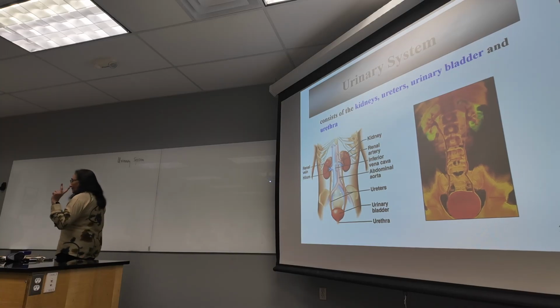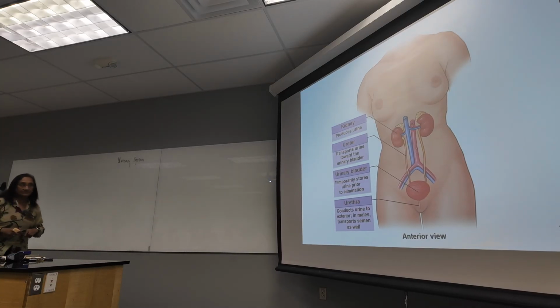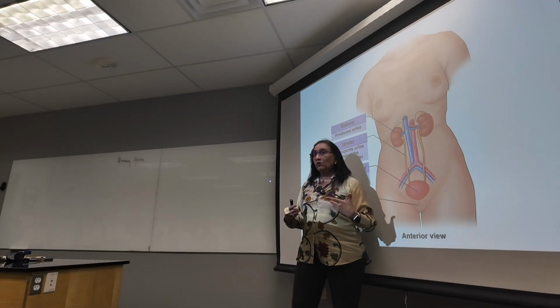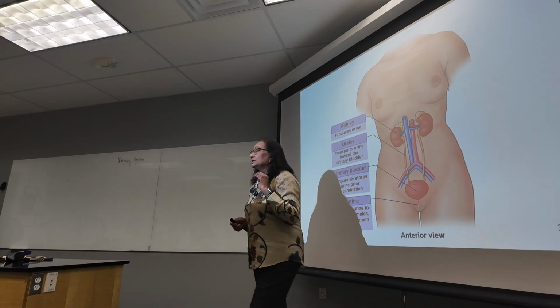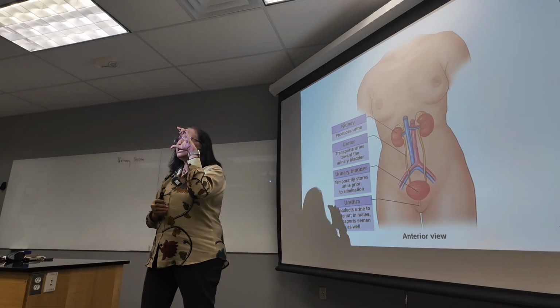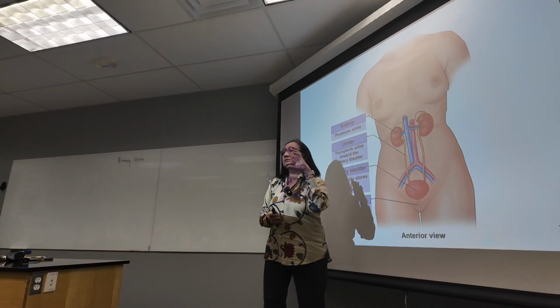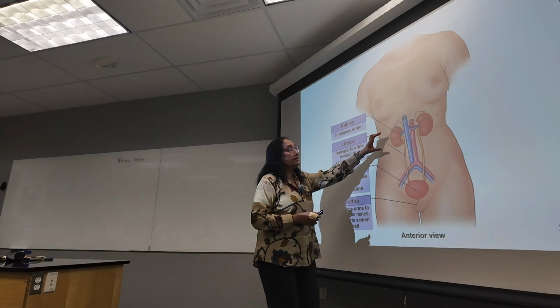Now the kidneys, the paired kidneys, are situated high up in the abdominal cavity, behind your floating ribs. And if you look at the layout, each kidney is a bean-shaped structure, maybe about 8 to 10 centimeters in length.